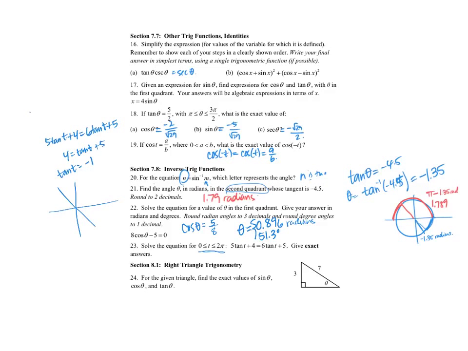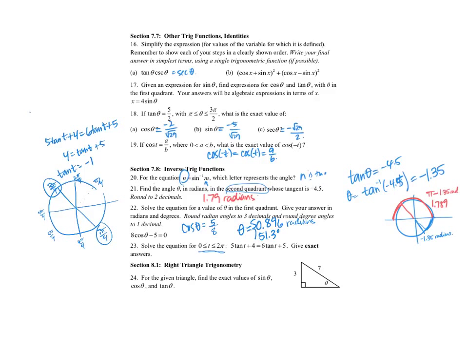So if the slope is negative, that's going to be the second quadrant or the fourth quadrant. If I think about splitting this up, this is pi over 4, 2 pi over 4, so 3 pi over 4 is an answer, 4 pi over 4, 5 pi over 4, 6 pi over 4, and 7 pi over 4.